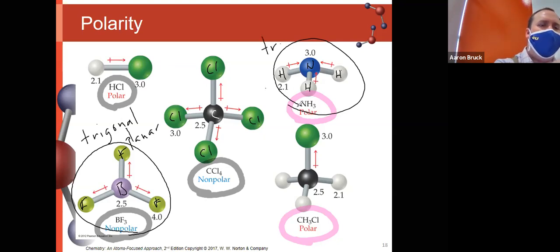This one is trigonal pyramidal. Ammonia is derived out of a tetrahedral. There's something missing, something that's not being shown here in the ammonia, and it's that lone pair of electrons.